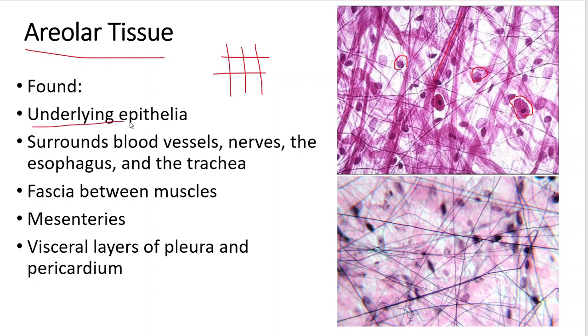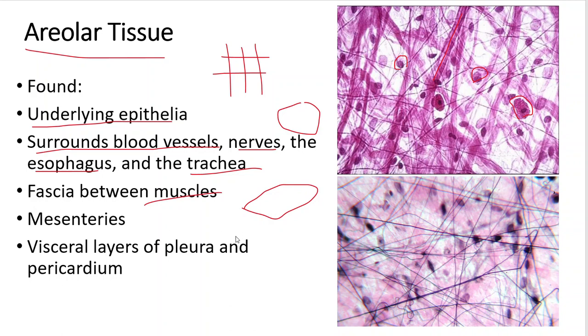Now this irregular is what forms that basement membrane we were talking about on epithelial cells. This is also going to be around our blood vessels and nerves, around the esophagus and the trachea. It's going to be an outer covering. This is also going to form some of that covering called the fascia between muscles.